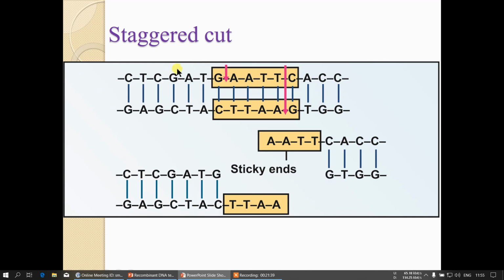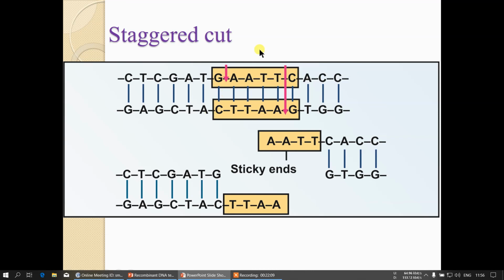So this is the staggered cut. Suppose this is the double stranded DNA sequence, and here is a restriction endonuclease enzyme. It will produce a cut here in one strand at this site. GAATTC is the recognition sequence of that restriction endonuclease enzyme, and this strand is also GAATTC. If you read from this side GAATTC and the other strand GAATTC, they are both similar.